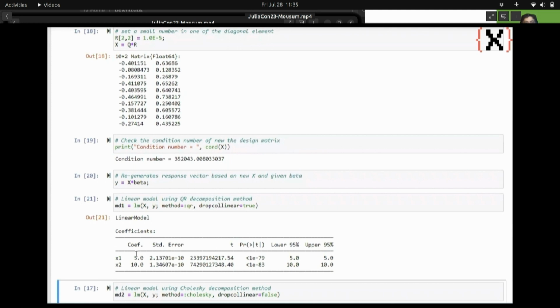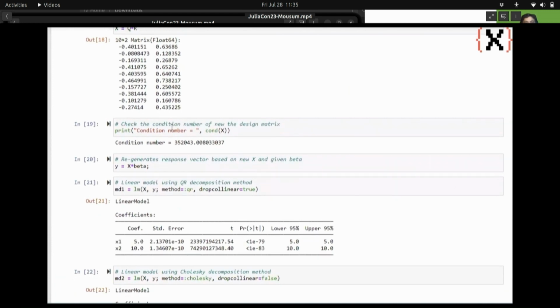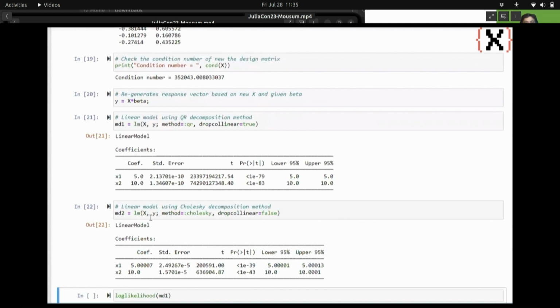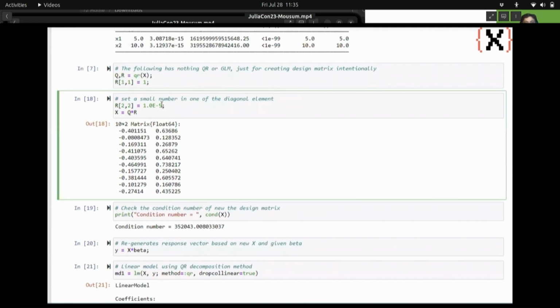We are getting perfect estimates using QR decomposition. Now we can see that the estimates using Cholesky decomposition are a little different from that. Okay, so now increase the condition number further.